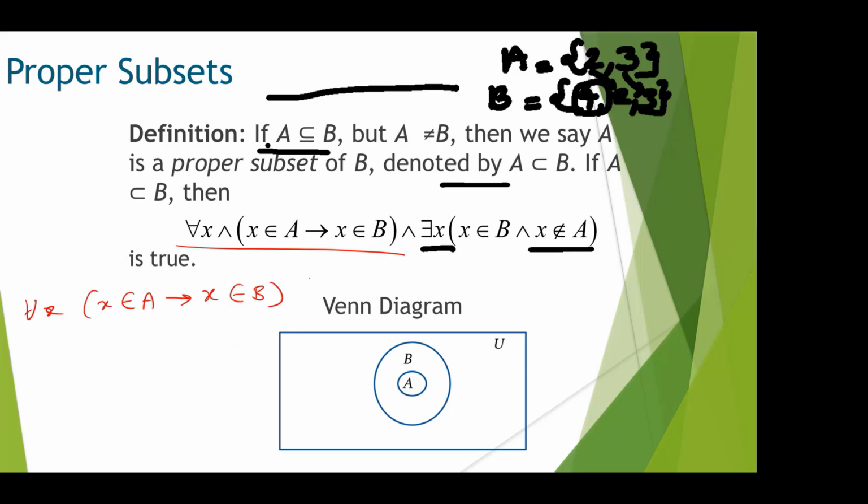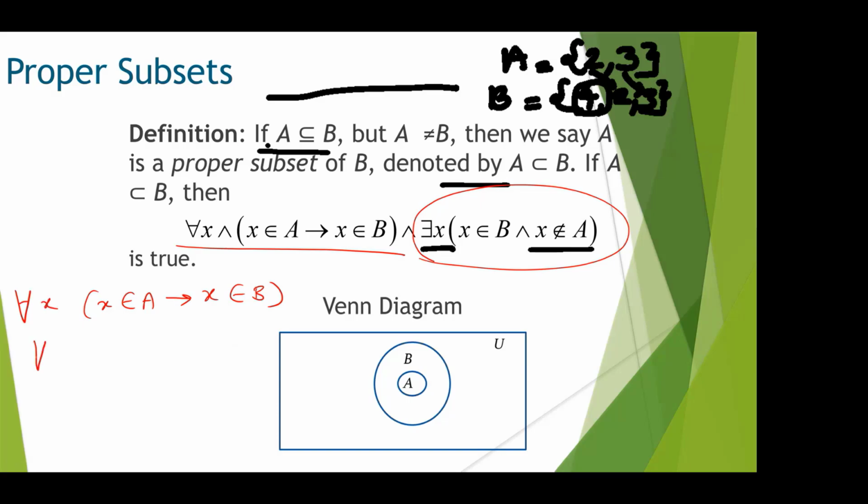So there must be at least one element which is in B but not in A. These are universal quantifiers; it is true for all x.